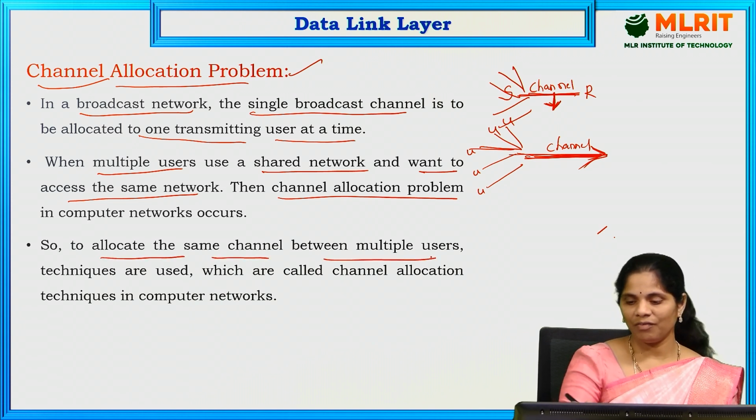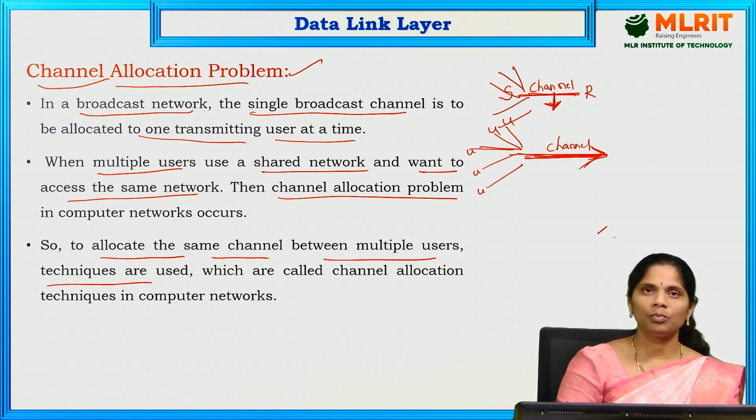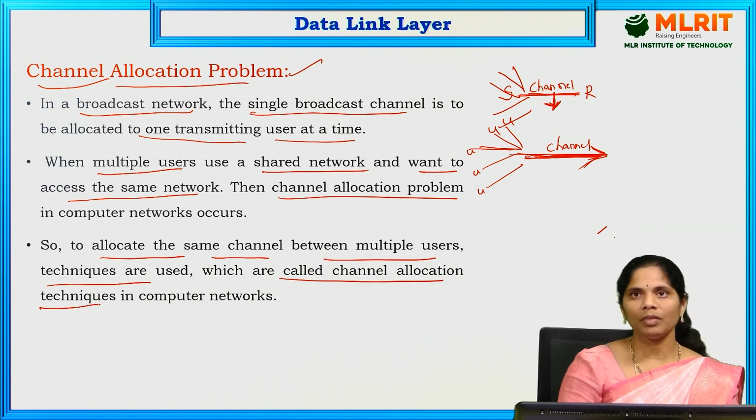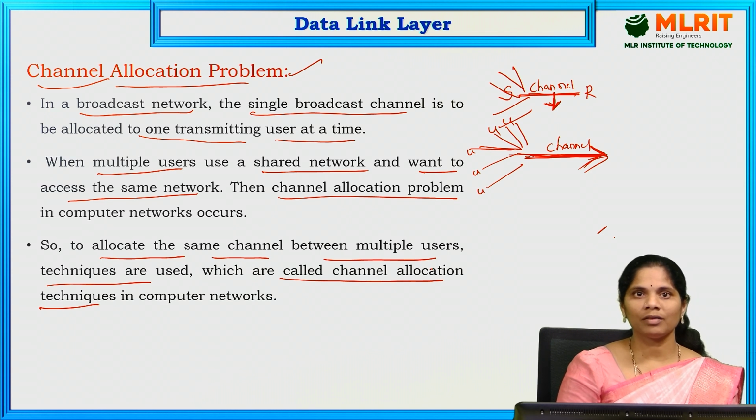To do this, some techniques are used, which are called channel allocation techniques. Whenever all the users want to send data at the same time, there may be a chance of a channel allocation problem, and to overcome it we use the channel allocation techniques.